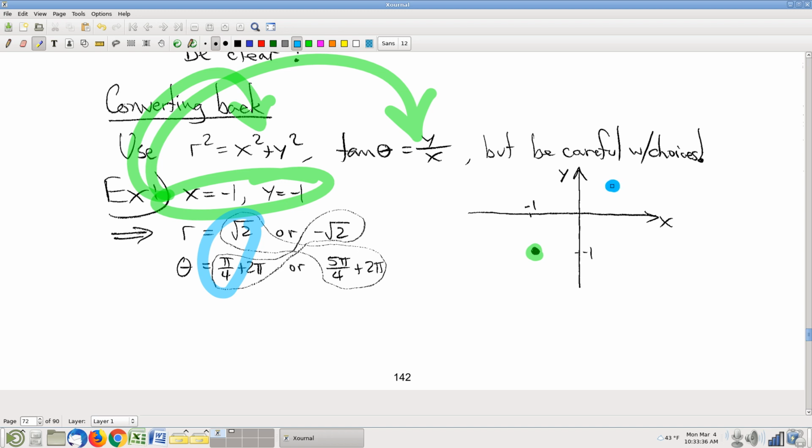And that point is over here. So it just doesn't work. It's just not as simple as we would like it to be. So you've just got to think carefully about what the different possible values are, and then how they group up.